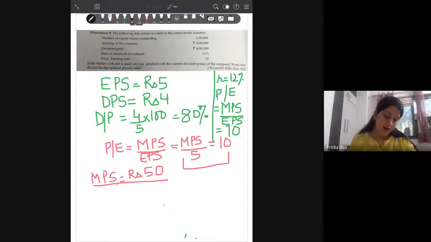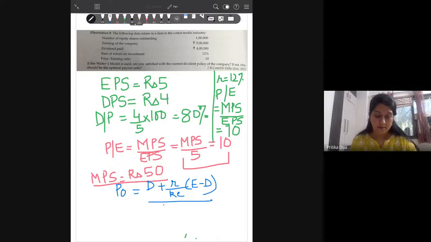and for that the formula, as you already know, is... now see what information you have and what is the missing information. In this formula, the missing information is the cost of equity. And cost of equity is related to the PE ratio.